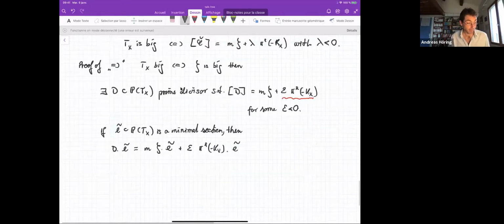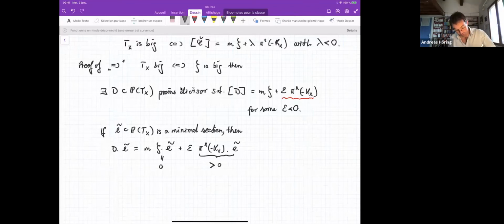And this intersection number here is positive because you're on a Fano manifold. In particular, you're strictly positive on all curves, but epsilon is negative. So you see that this whole intersection number is negative.